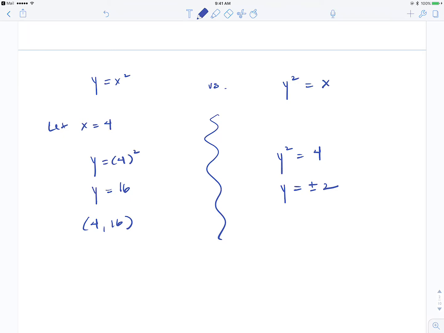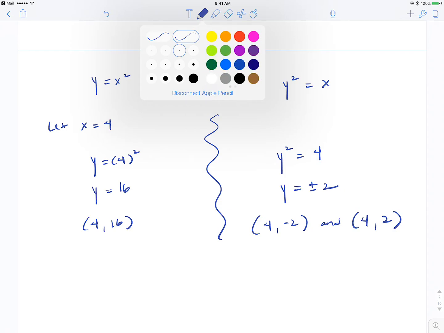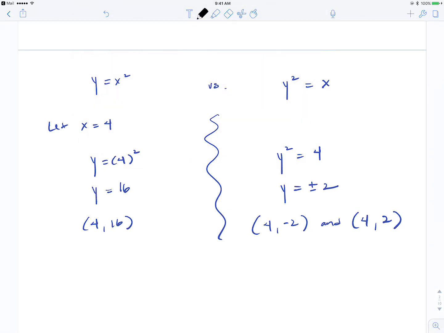So x equals 4 corresponds to y equals positive 2 and y equals negative 2. So two different points. Both of those are points that lie on the graph of y squared equals x. And the graph of y squared equals x is actually a sideways parabola.